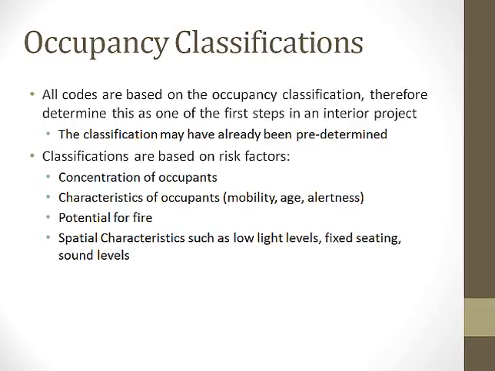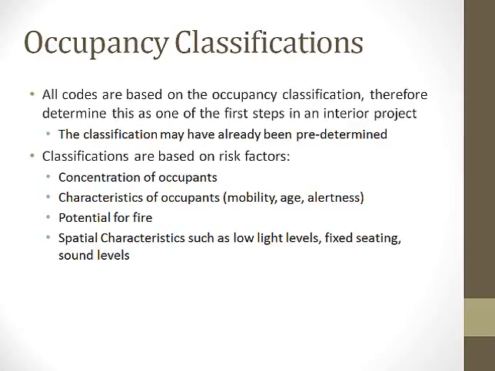So some of those risk factors include the concentration of occupants. So we're talking, is it a classroom? Is it a nightclub? Is it an office? How concentrated are the people using that space? Second is the characteristics of occupants.